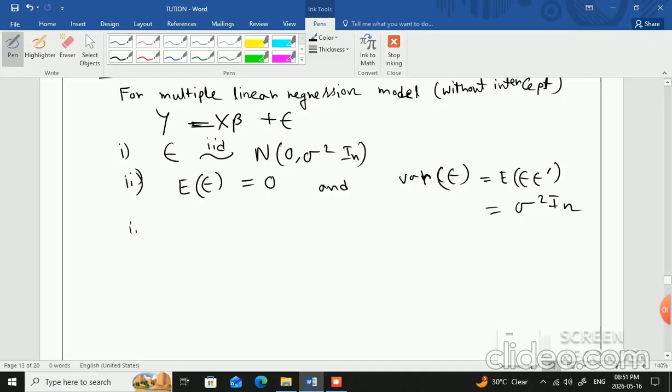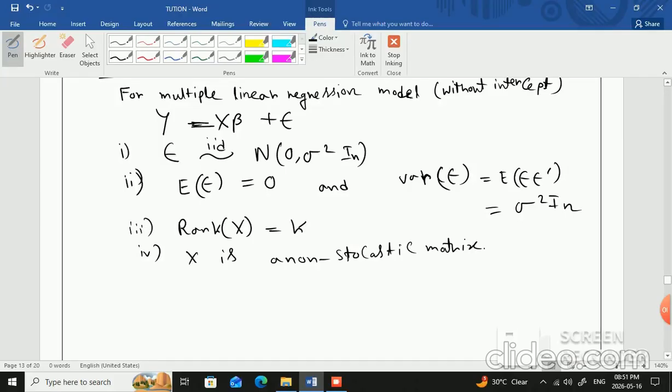Third is rank. Rank of X is k. Number 4, X is a non-stochastic matrix, and epsilon follows IID.